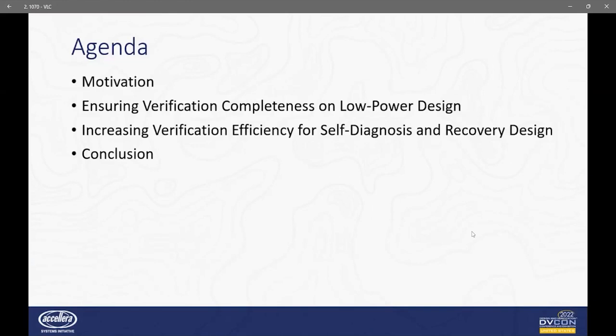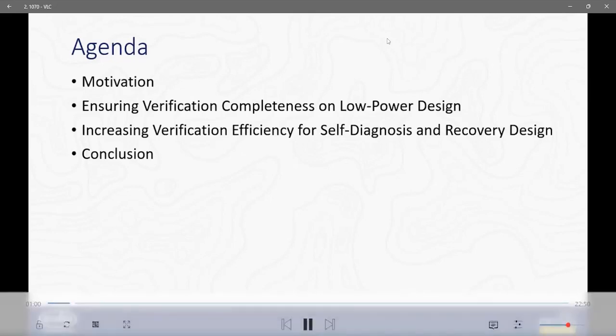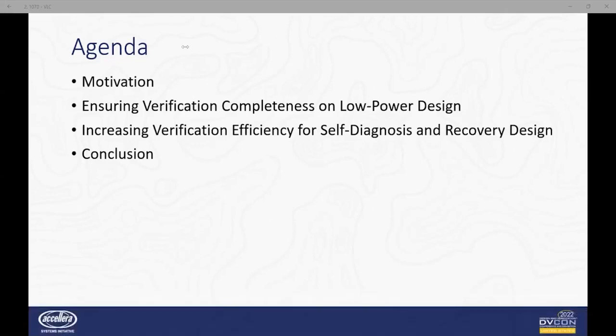Next, for efficiency, we will explain the design features of self-diagnosis and recovery, and then we will present how to increase the verification efficiency. Finally, we will close this presentation with conclusion.